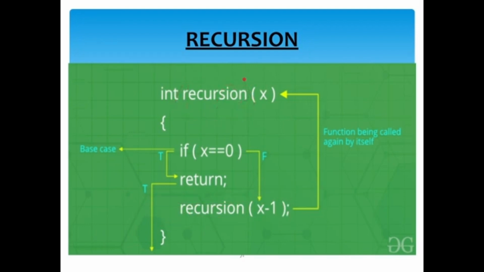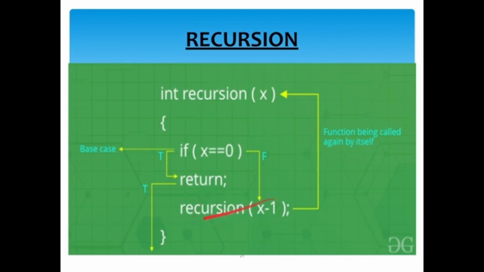Inside the function definition, you have a function call. Generally, what we will do in the main method, we will call the function so that it moves into the function definition and finds the computation of values. But here, inside the function definition, we are writing the function call, nothing but the function calling itself.